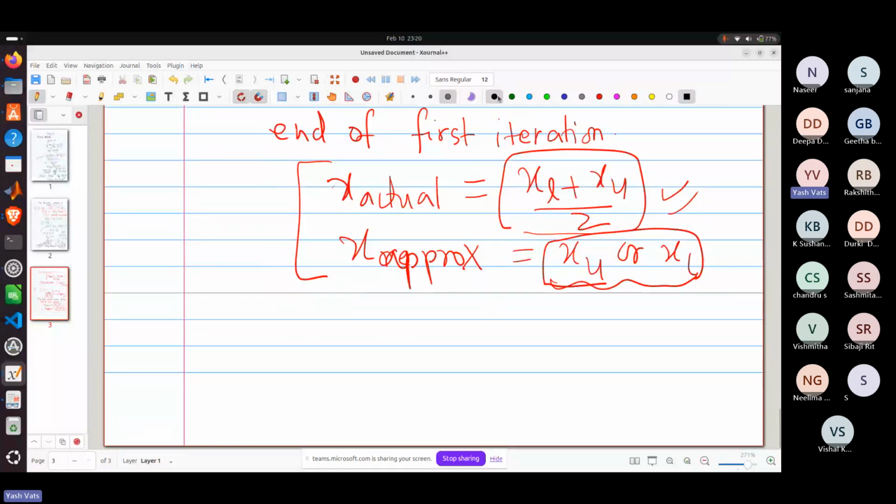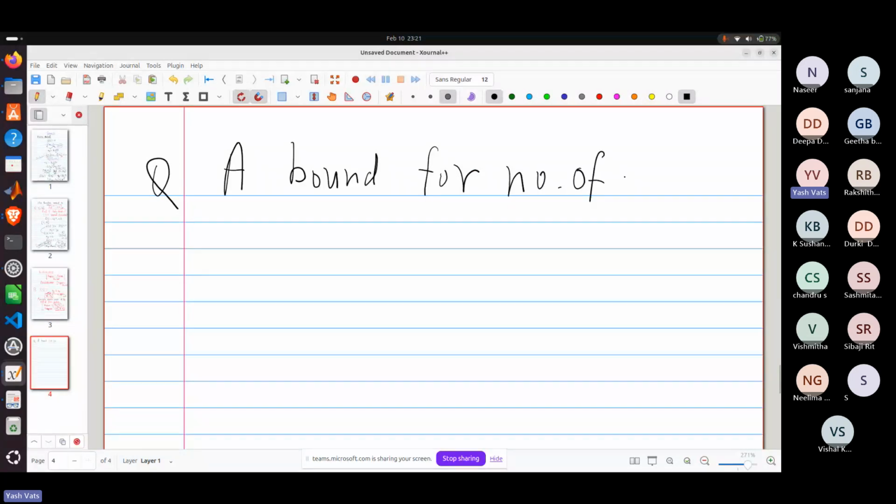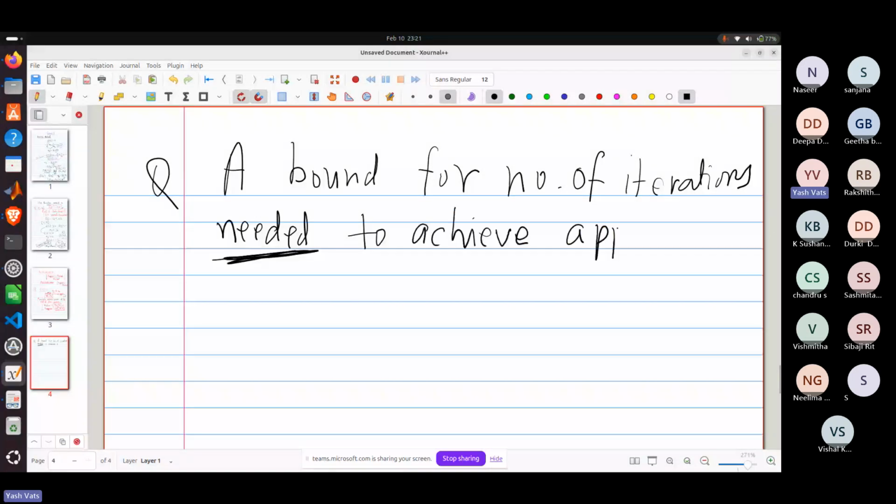I need to select a new page again. A bound for the number of iterations needed to achieve an approximation with accuracy 10 to the power minus 5 to the solution of the equation x cubed minus x minus 1 equals 0 lying in the interval 1 2 in the bisection method. Accuracy I described already.